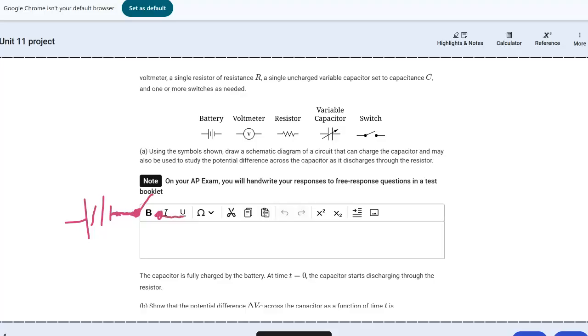It can be open or closed. And then let's have a resistor here. And then there'd be a capacitor right here. Oh, a variable capacitor.